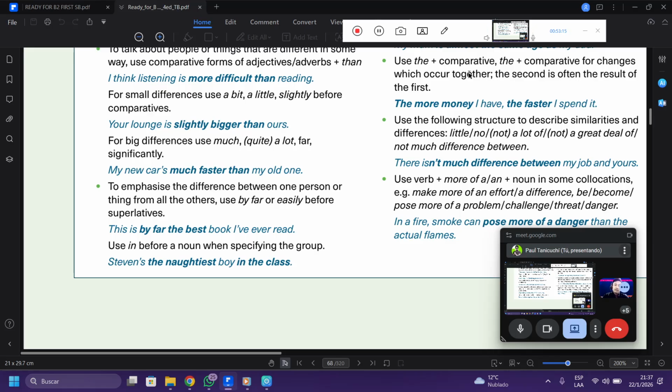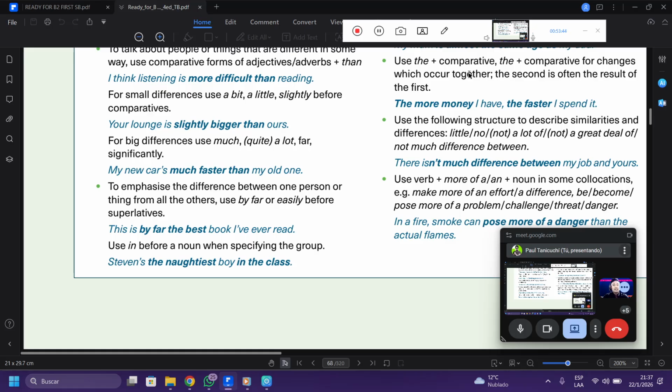The more intelligent students I have, the faster they will graduate. Perfect. The faster they will graduate.